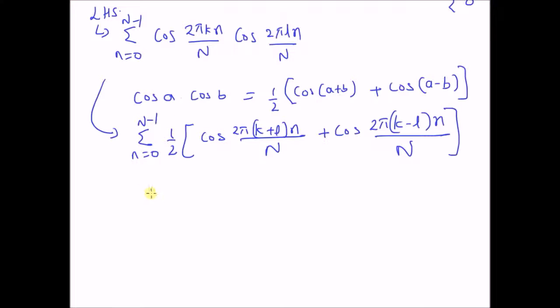Now using the following, that is, the cosine of alpha times n is equal to the real part of the exponential function of j times alpha n.